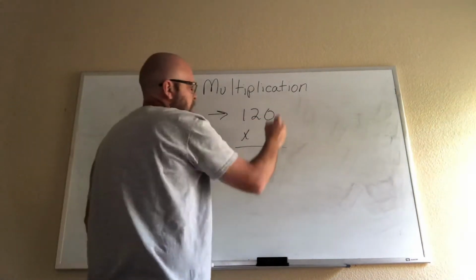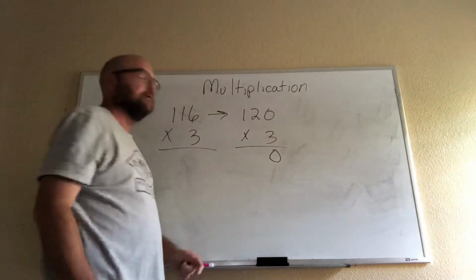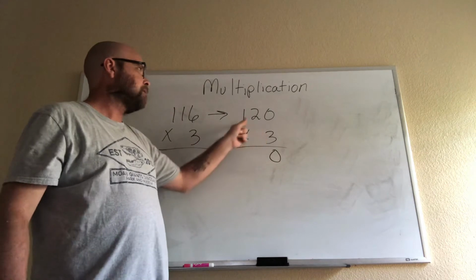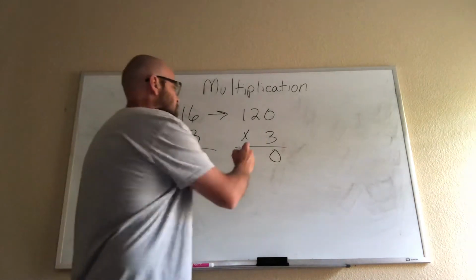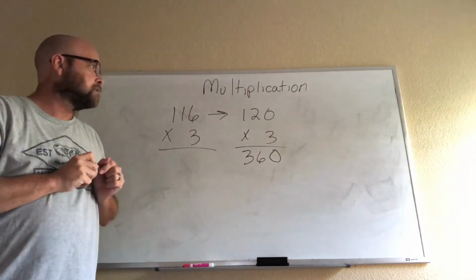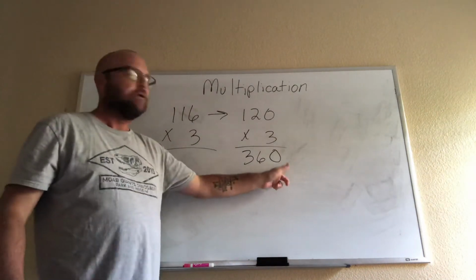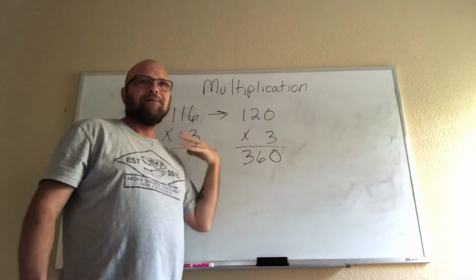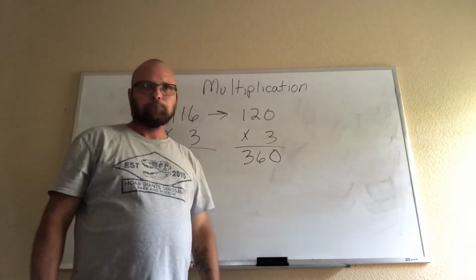This trailing 0, all I have to do is move it down, because 3 times 0 is going to be 0. Now I have 3 times 12, which is 36. So my answer should be somewhere close to 36, or 360. So if I do this and I don't get an answer close to 360, then I've done something incorrect.